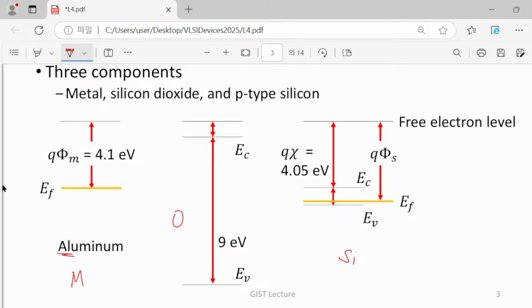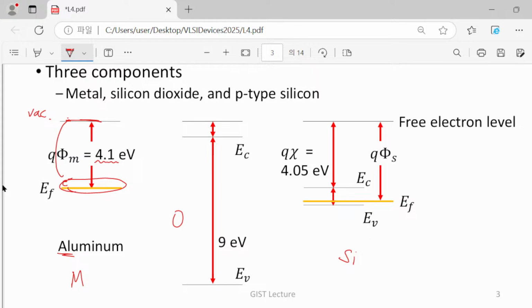These are the most active ones, and if we provide the additional energy of 4.1 electron volt, then this electron can jump into the so-called vacuum level, and at this vacuum level it is no longer bound to this metal system.